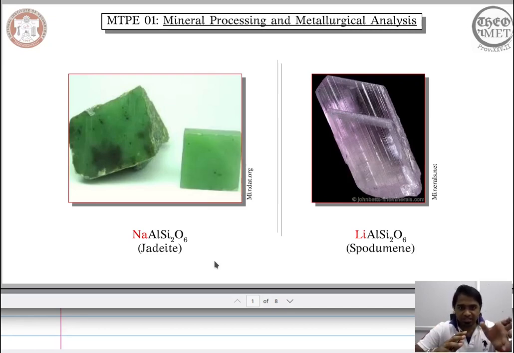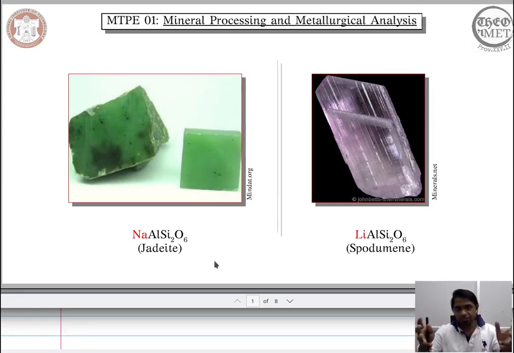For instance, jadeite is green in appearance, whereas spodumene gives a pinkish shade. So just by replacing one ion in the chemical configuration of a given mineral, there is a significant change in the properties, even though there might be changes in other properties as well.